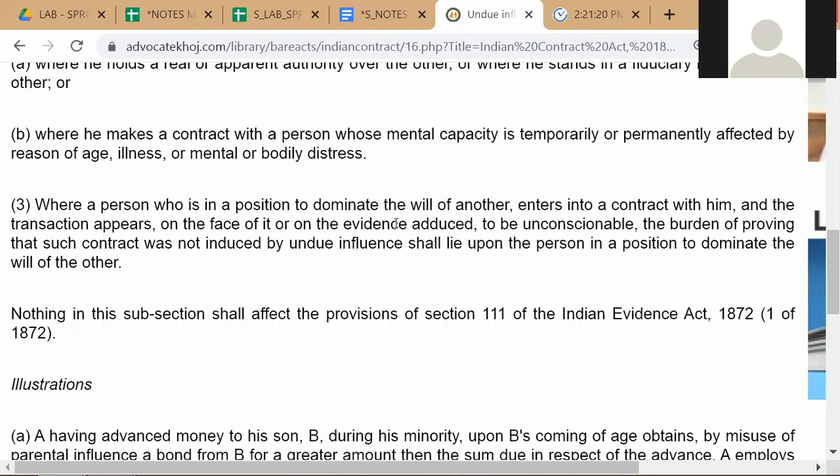Where a person is in a position to dominate the will of the other, the burden of proving that such contract was not induced by undue influence shall lie upon the person in a position to dominate the will of the other. So here the teacher will have to prove that this contract is not vitiated by undue influence.